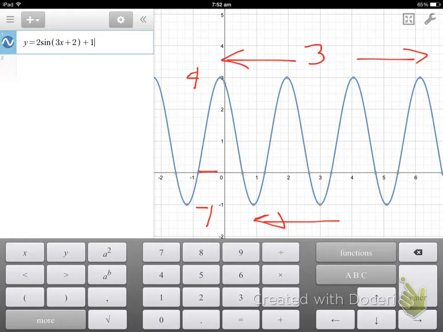That distance there is only 2/3. See if you can figure out that one. And my amplitude has gone to the value of 2 as well, because there now is my new mean line.